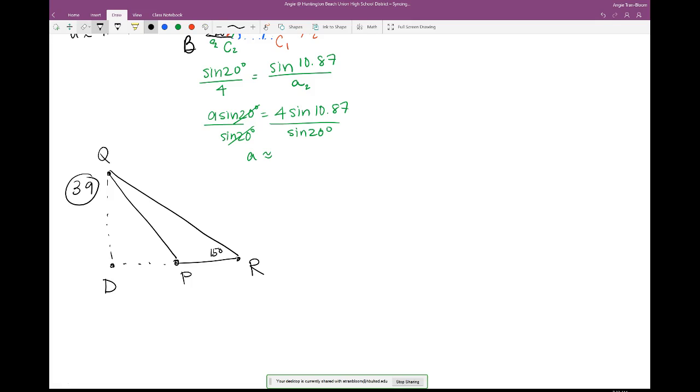Okay. And they said this right here is 1,000 feet. Okay. And they said this is 25 degrees. Okay. All right. So find the length of the span of a proposed ski lift from P to Q. Okay. So P to Q. P is right here. Q is right here. So find the length of that. What do you do?